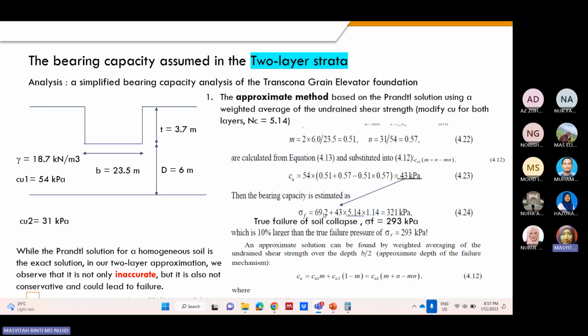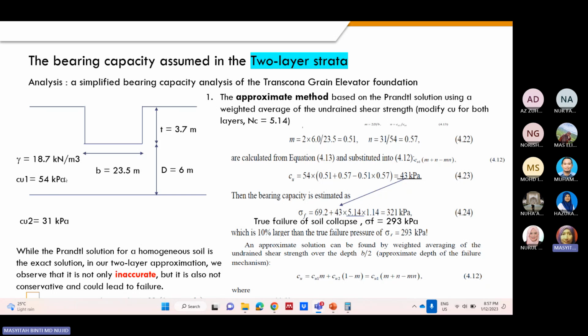This 43 kPa is straightforwardly used in the equation for sigma F: 6.2 gamma times T plus CU and C times CU and C times shape factor and also depth factor. In the single layer case, 31 was used for the very weak undrained coefficient.